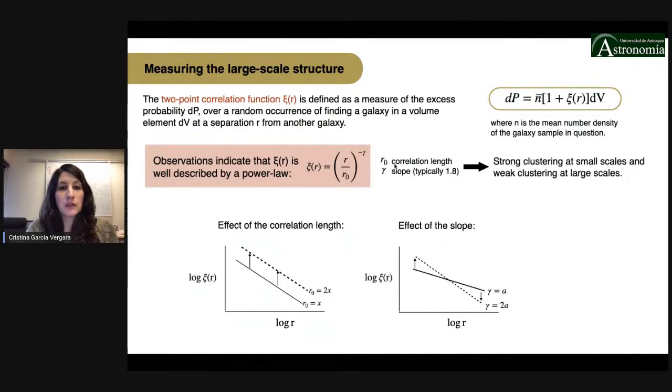Those are the observable quantities that we have to constrain large-scale structure of the universe. All the other parameters, we require models and simulations to translate those observable quantities into halo mass, bias, or others.